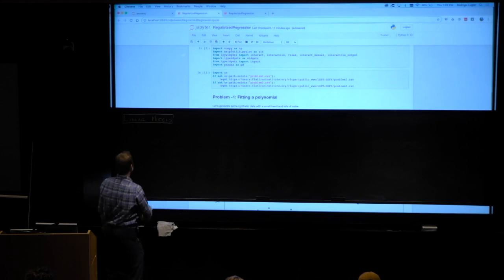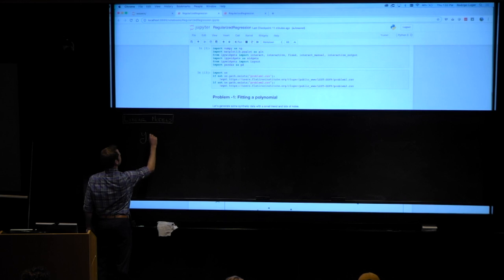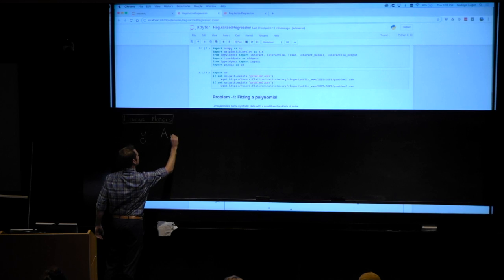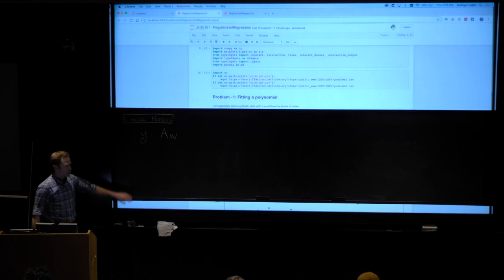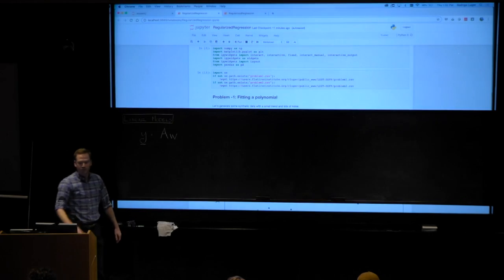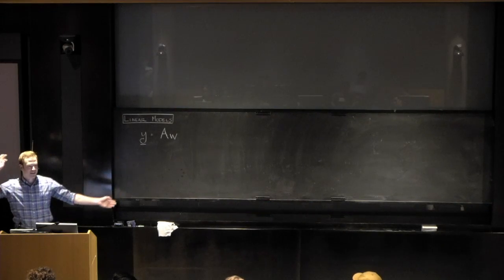So a linear model looks like this. You have some data vector, in this case an array. This is like a light curve or gravitational wave strength signal, whatever.